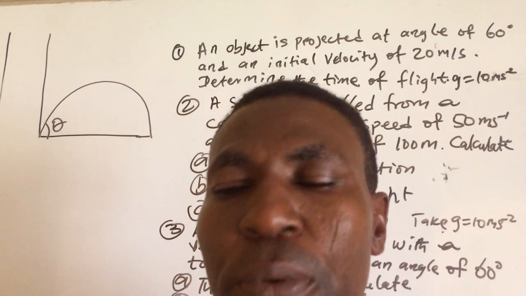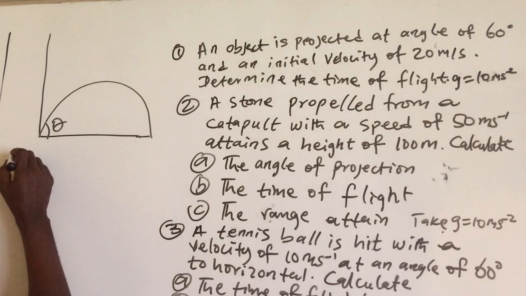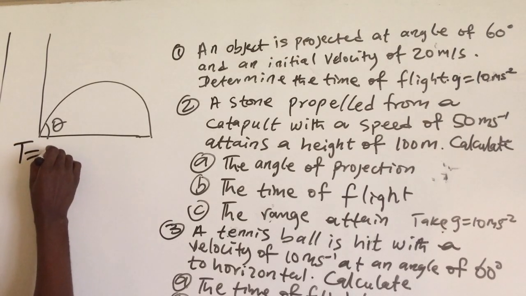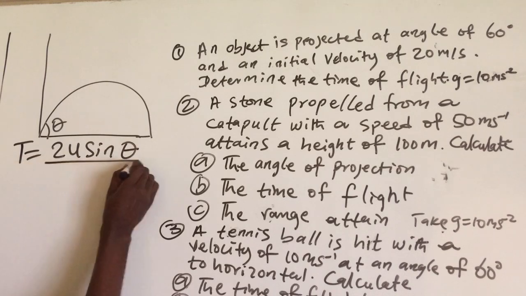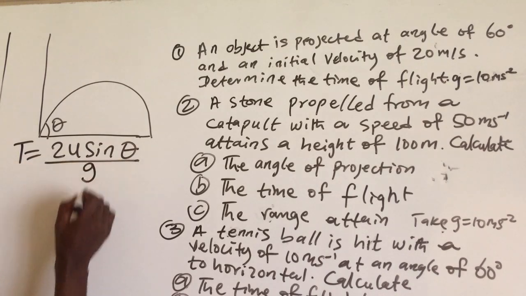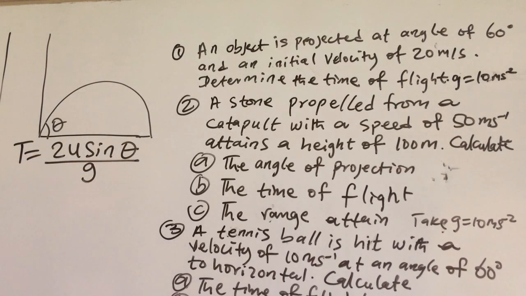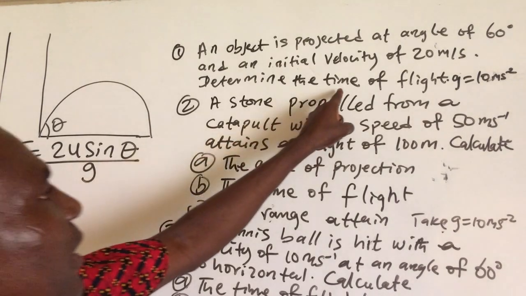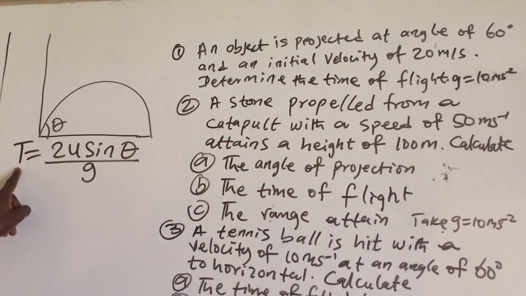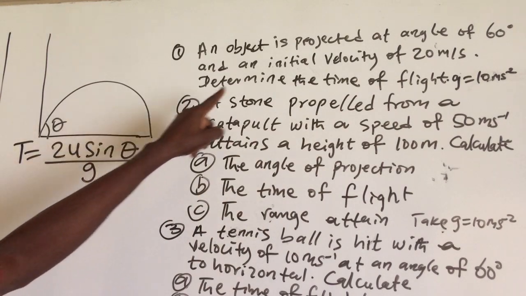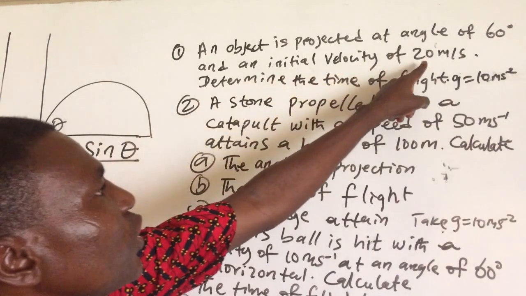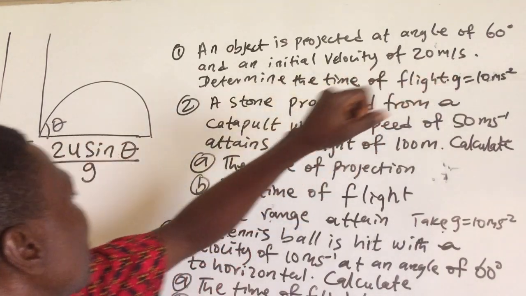Okay, follow up. The formula for time of flight is t equals 2u sine theta all over g. So this t here stands for time of flight. Then u here stands for the initial velocity, which is 20 meters per second.